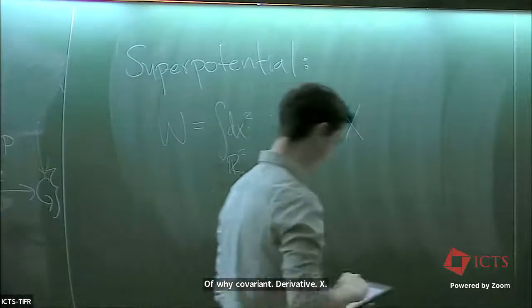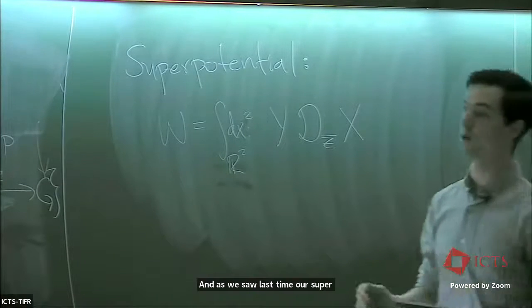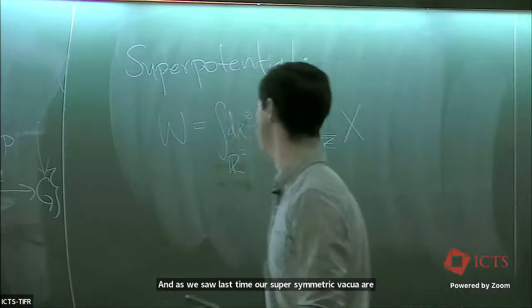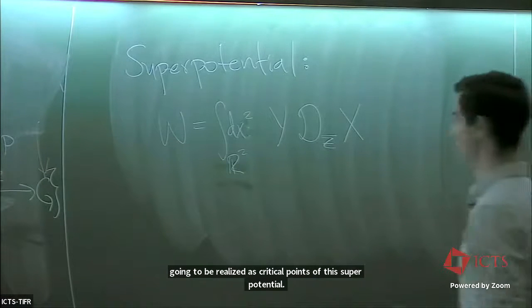And as we saw last time, our supersymmetric vacua are going to be realized as critical points of this superpotential. So let's compute what those critical points are.